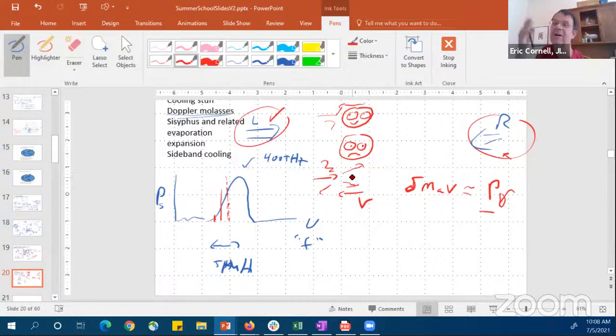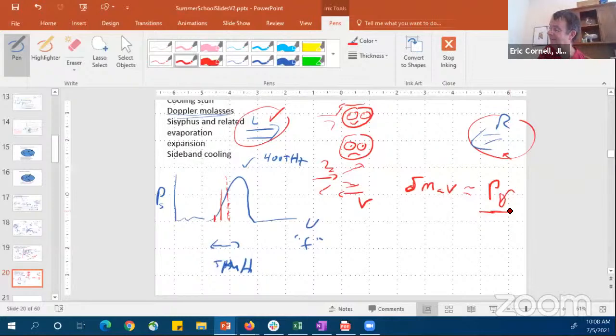It can go off into, okay, not really 4 pi steradians, but into a very wide solid angle. But that's a random angle. So you absorb a photon in a deterministic way and you spit it out in a random way. On average, you pick up the momentum of the photon with each scattering event.